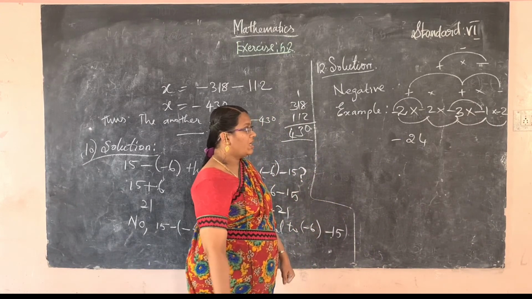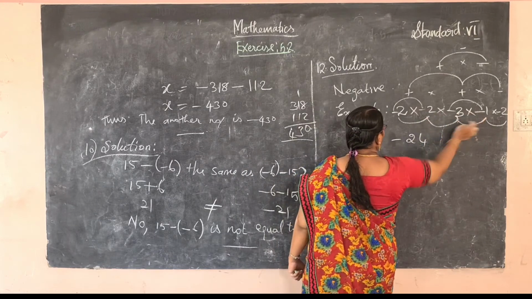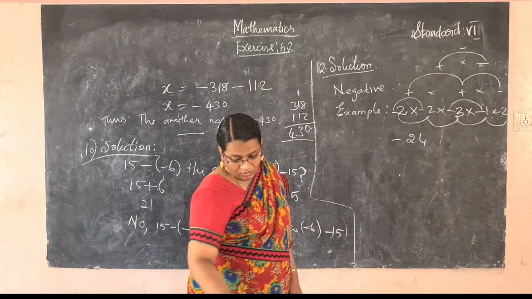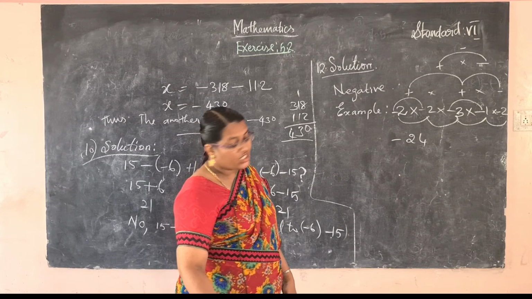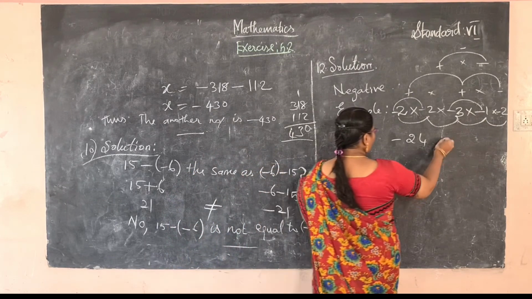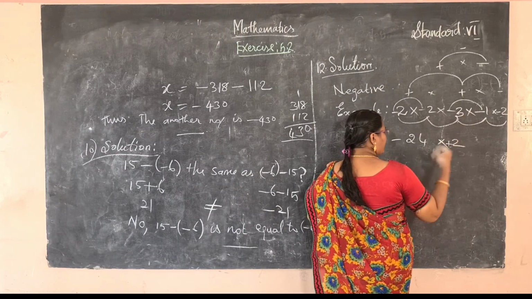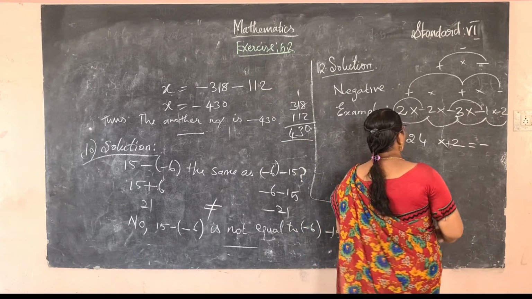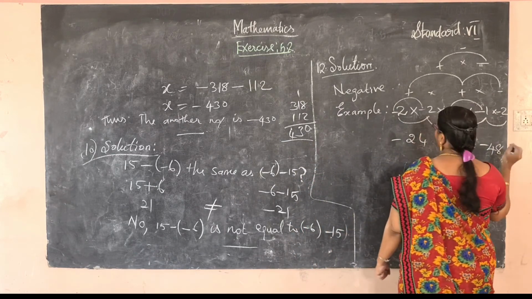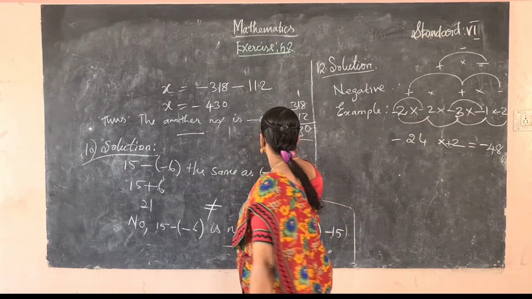So 5 negative numbers multiplied and 1 positive integer, 2 is one of the positives. What do we get? The negative value. So answer is negative. And the 13th one.